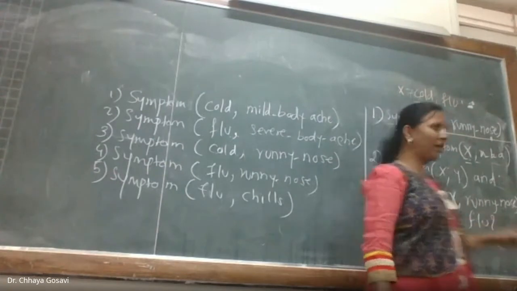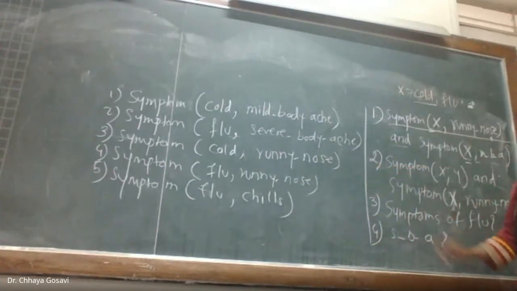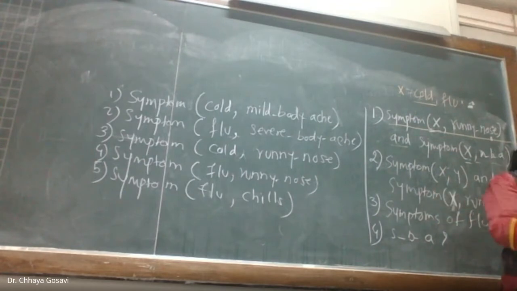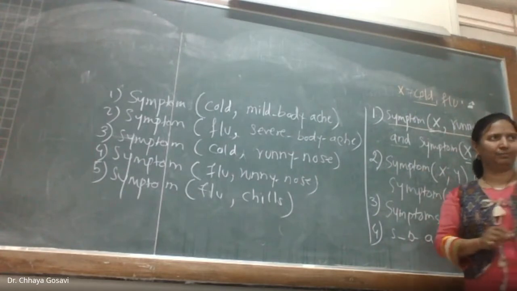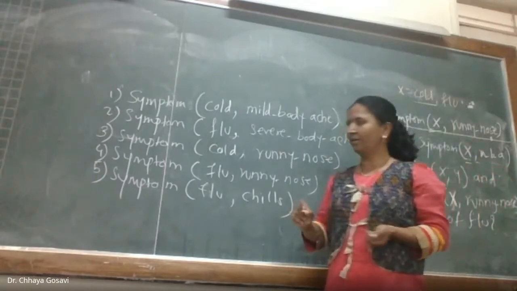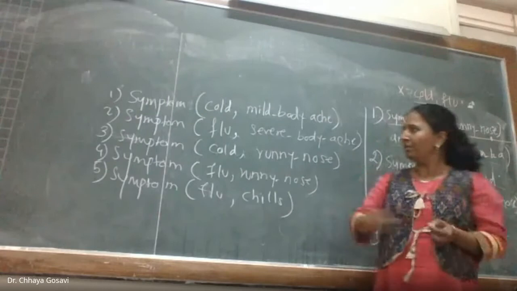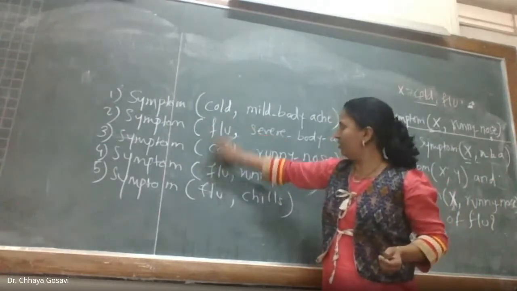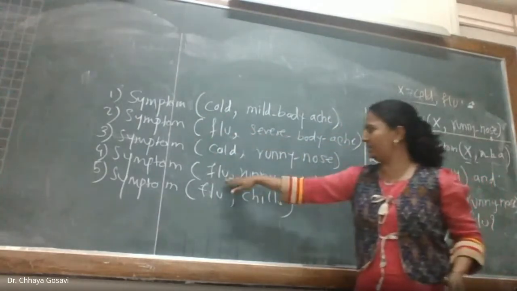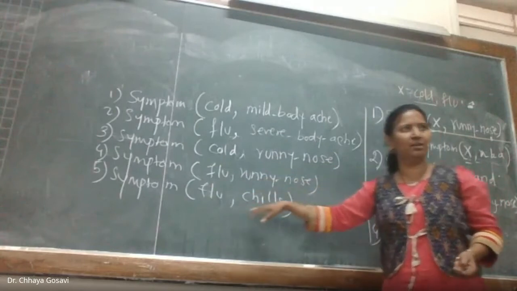Next, how are you going to write a query for symptoms of flu? You want X, with flu as the answer. Symptom X comma, you want flu as your answer. So X comma severe body ache, X comma runny nose, X comma chills.